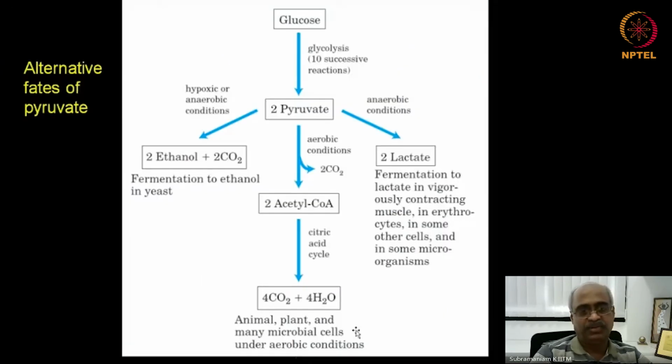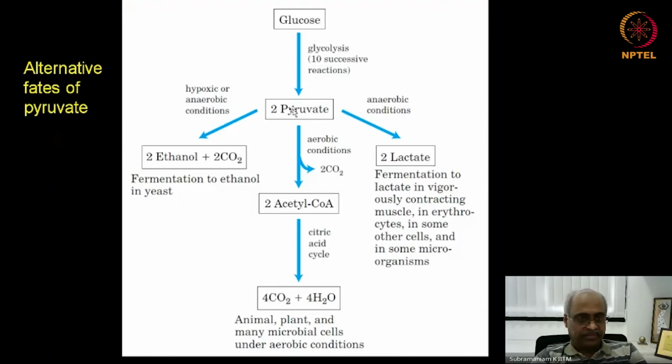So far we have seen glucose to pyruvate to lactic acid, as well as pyruvate to ethanol. A third fate of pyruvate happens when you have plenty of oxygen available, which is the normal situation in all our cells. There the pyruvate gets oxidized to carbon dioxide. Remember, in terms of oxidation states, carbon dioxide is the most oxidized stage.